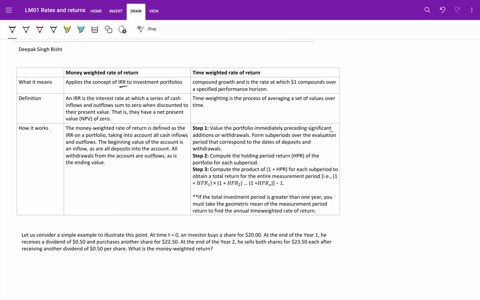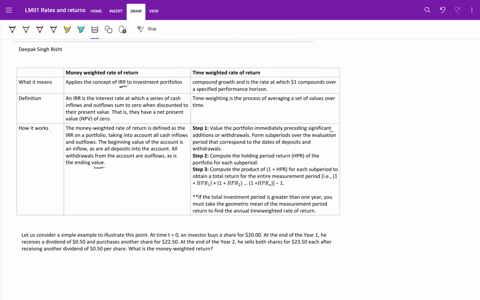Money weighted rate of return is defined as the internal rate of return on a portfolio, taking into account all cash inflows and outflows. The beginning value of the account is an inflow, as are all the deposits in the account, and all the withdrawals from the account are outflows, as are the ending values.